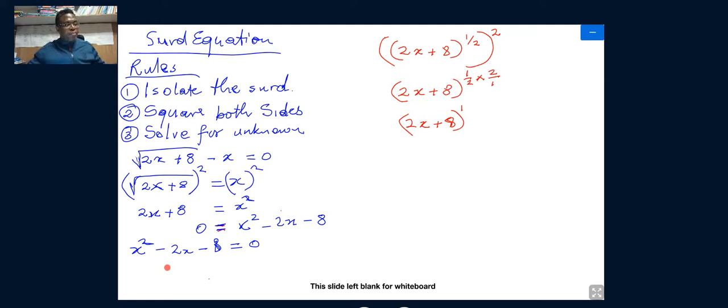Completing a square to find the turning points and to derive the quadratic equation. I'm going to do that on the next lecture. Or should I do it now? Let's go.